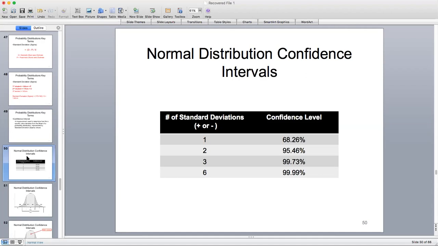And you may have heard of 6 sigma before. 6 standard deviations from the mean is 99.99% of all of the input values between the distributions. So nobody in this case would be 6 standard deviations taller or shorter than the average student in any given classroom. Almost impossible.